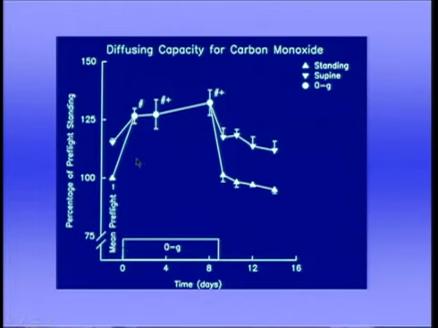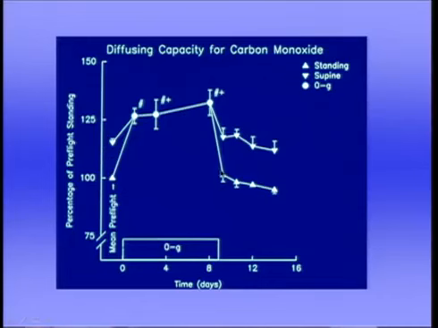And when the crew member went into microgravity, there was an immediate rise in diffusing capacity, and that was maintained during the flight. Incidentally, in this particular subject, we were able to measure the diffusing capacity both breathing air and with a high concentration of oxygen in the lungs, and that allowed us to separate out the diffusing capacity of the membrane and the volume of blood in the pulmonary capillaries, and both of them increased.